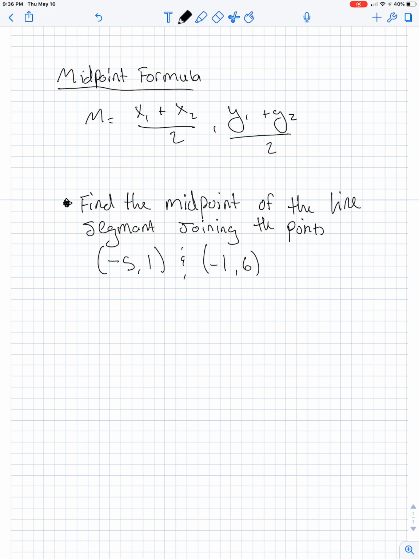Okay, so now we are going to bring down this formula, rewrite it out to make sure we don't forget any steps.